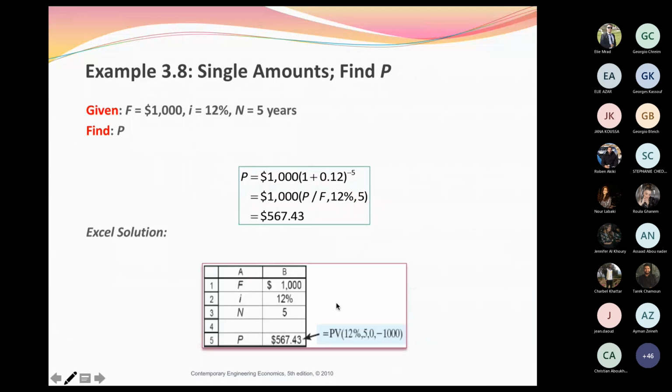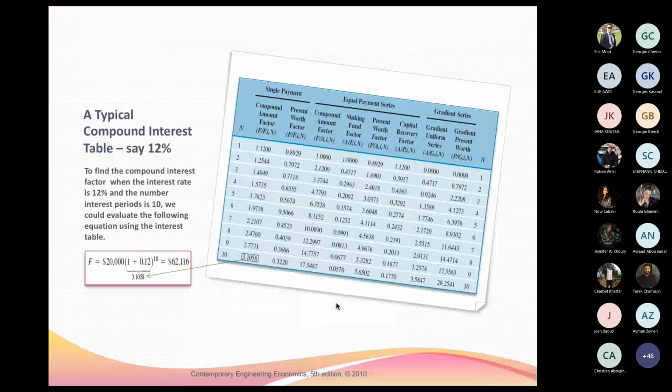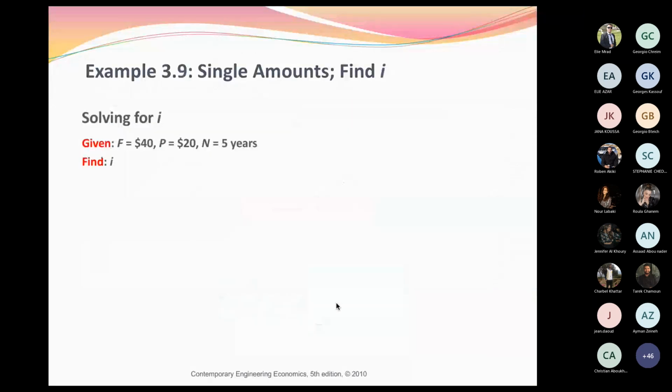We can do it in Excel using the function PV for present value. We are still in the single cash flow. We solved for P, we solved for F in this example. Then we have I unknown. If we have F and we have P, we have N, I might be an unknown, like this scenario.